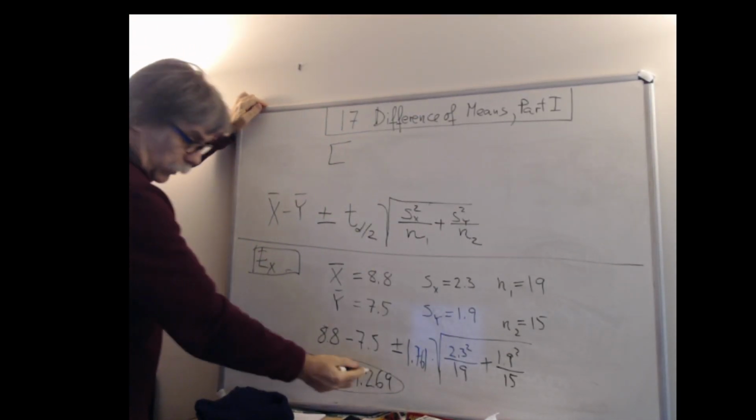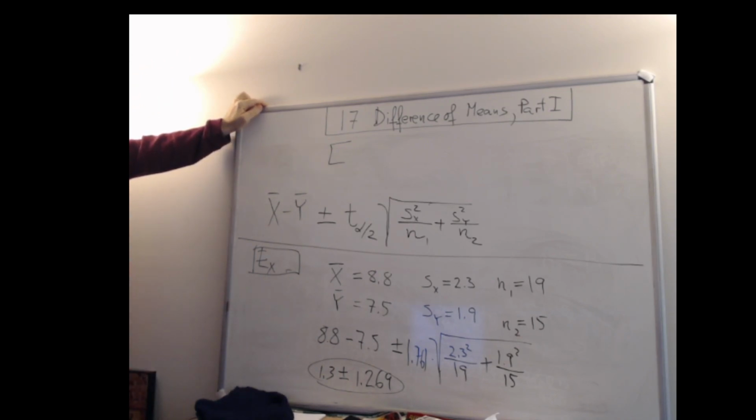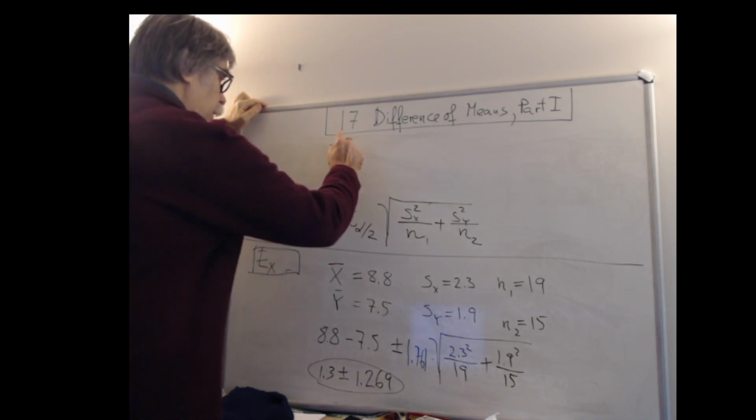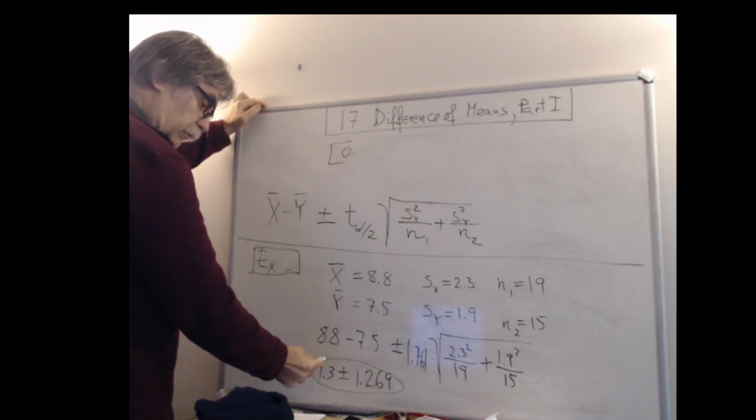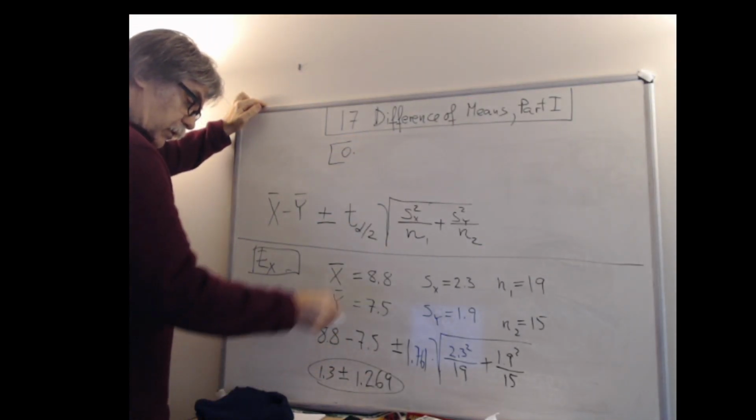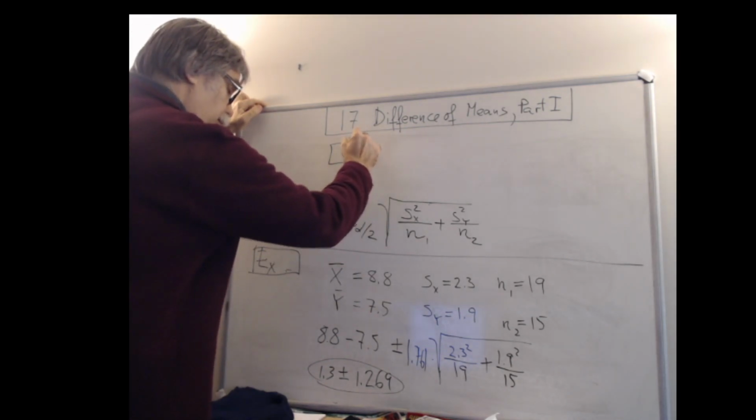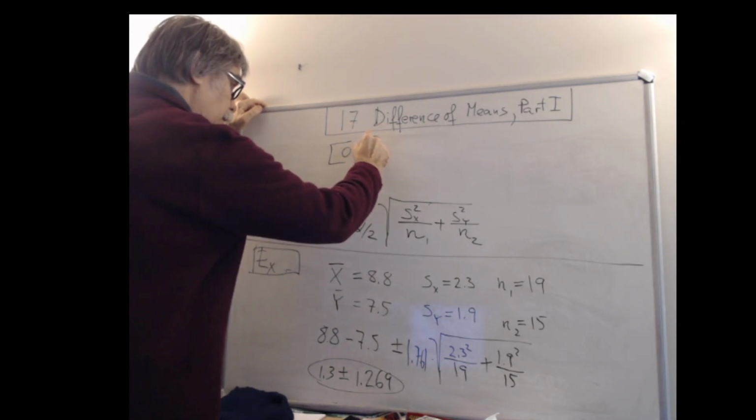I'm going to be subtracting for the lower edge of the interval, the lower bound. And I'm getting the lower bound to be 0.031 when you subtract 1.3 minus 1.269.